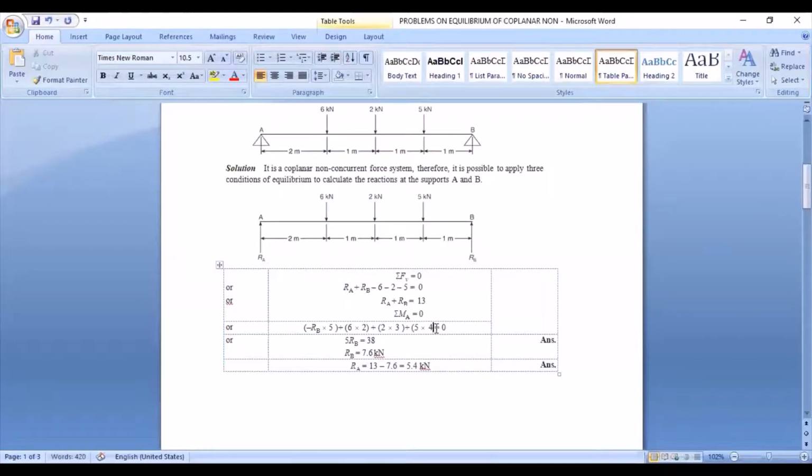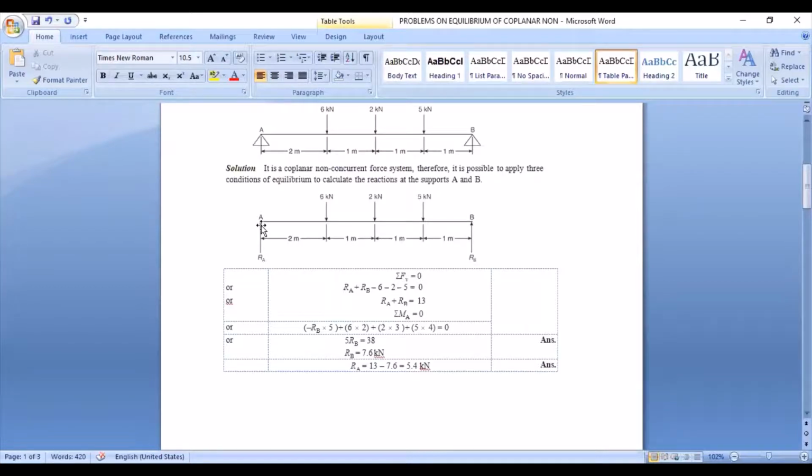The first force is Rb. Rb is a vertical force, so the distance to be multiplied is obviously horizontal. What is the horizontal distance between A and Rb? It is 2 plus 1, 3 plus 1, 4 plus 1, 5. So it is Rb into 5.